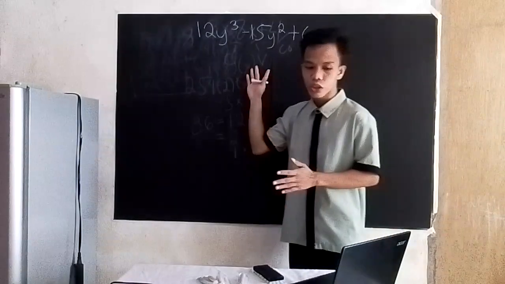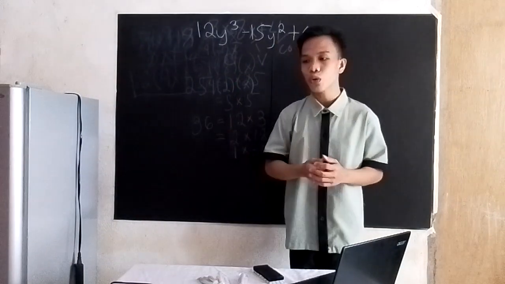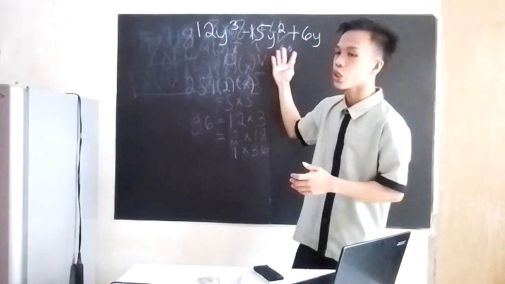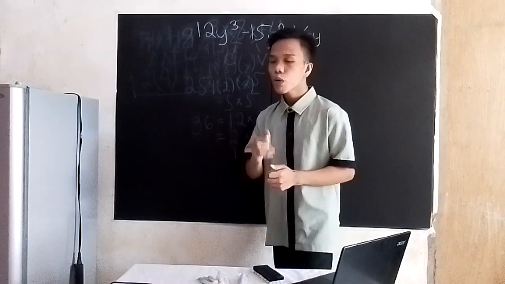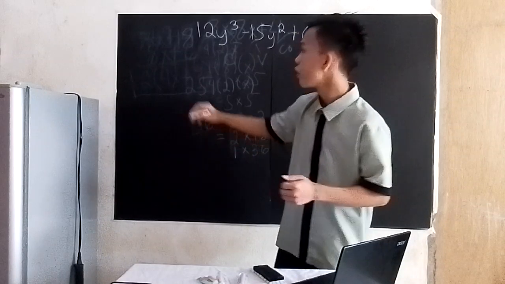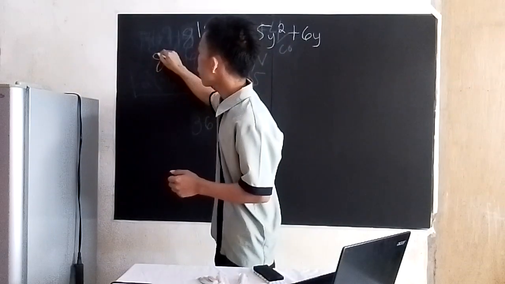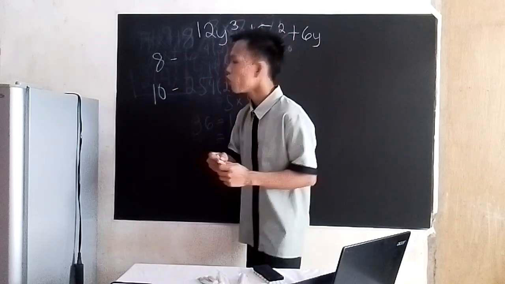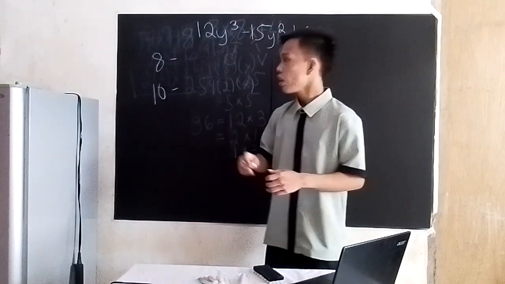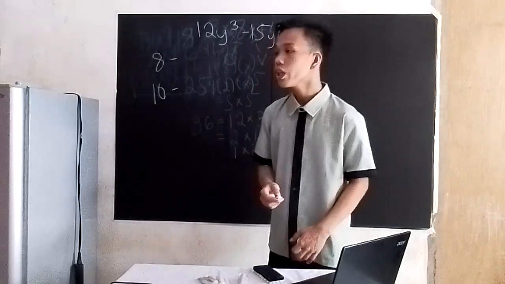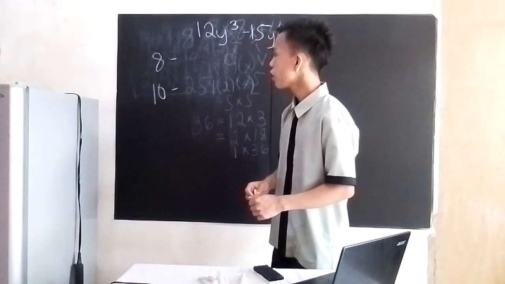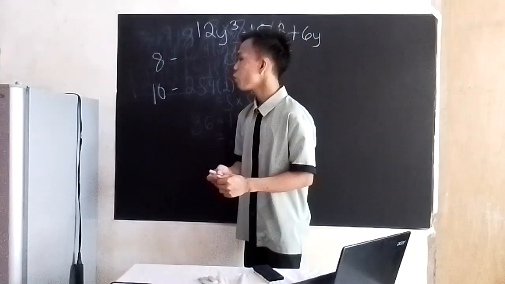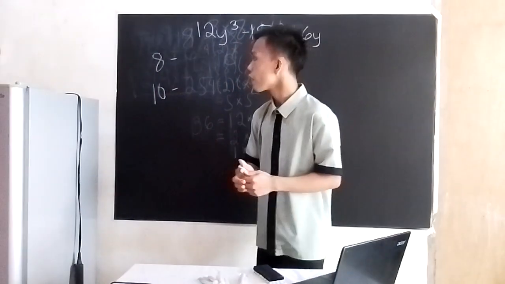But before we proceed to this example, I will give you an idea on how we are going to deal with this. For example, you have 8 and 10. A while ago, we thought of numbers that when we multiply, the result is 8.